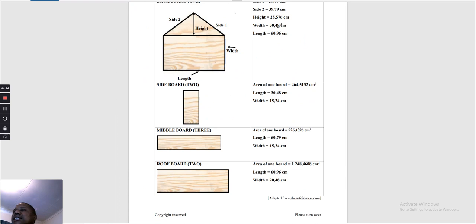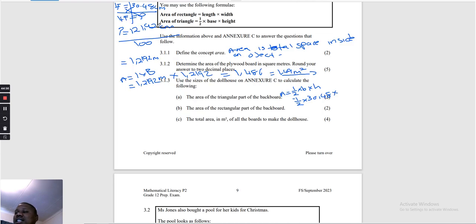The height is 25,576. So we're going to have 1/2 multiplied by 30,48, then multiply by 25,576.